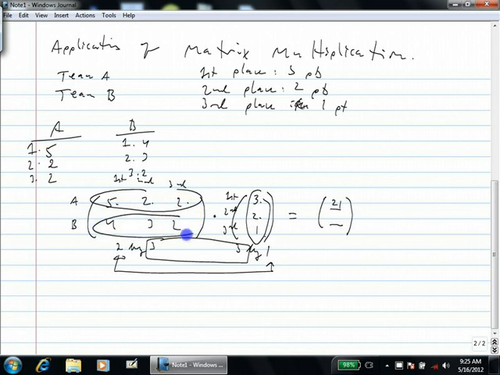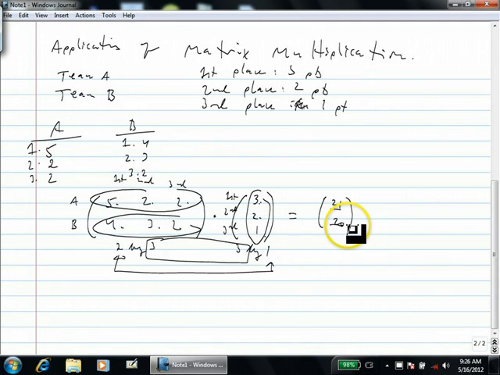Whereas for the second row, I get 4 times 3 is 12, plus 3 times 2 is 6, that brings me to 18, plus 2 times 1 is 2, and we end up with 20. By multiplying these two matrices together, we accomplish the same calculations that you would do in working out which team was the winner of the track meet.